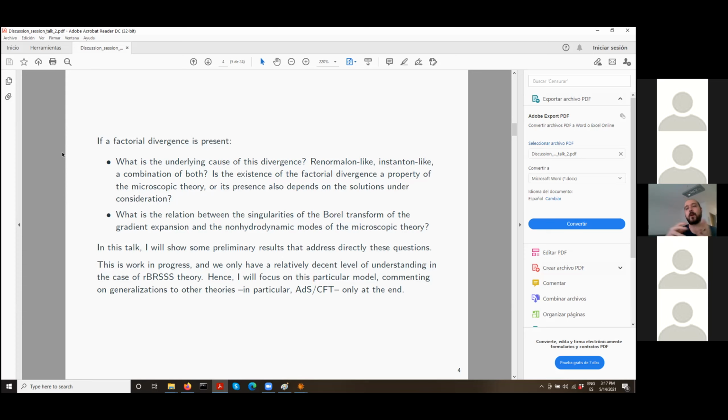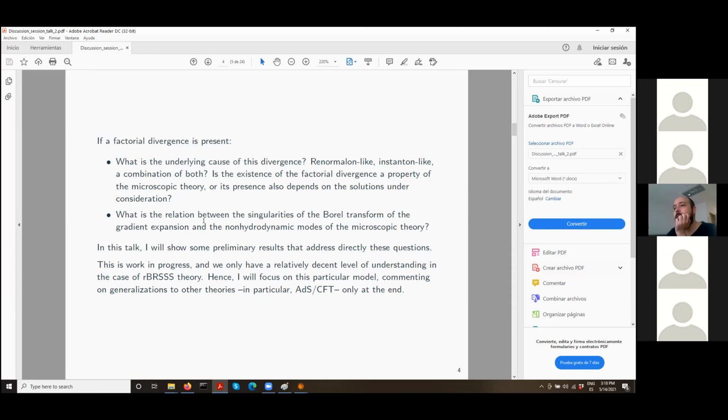Are we actually in front of a combination of both effects? You can wonder whether the existence of the factorial divergence would be a property of the microscopic theory and would be encoded in the number of independent terms that you have to consider and the large order behavior of the transport coefficients, or would its presence also depend on the particular solution you are employing to compute the gradient expansion?